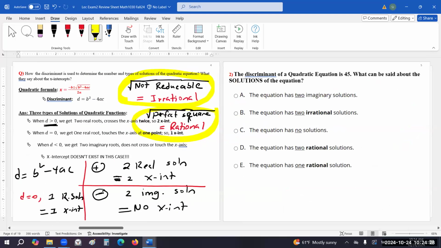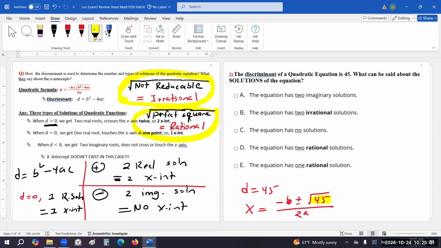For example, here, it says the discriminant of a quadratic is 45. So if you want to see a visualization of what is happening, it's negative b plus or minus square root of 45 over 2a. This is the solution. So you can see clearly it's a real number, but it's not negative.